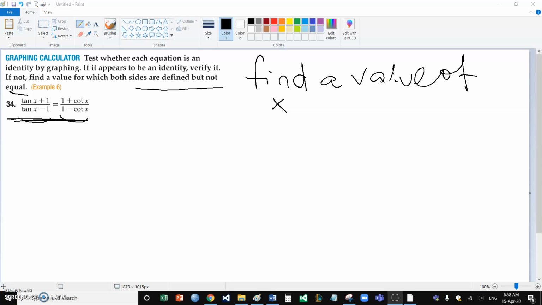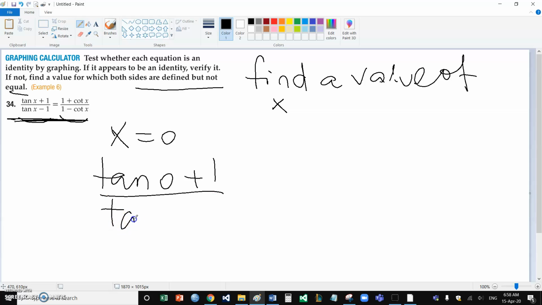So now let's check a value for x. Let's say x equals 0. For the left side, tan 0 plus 1 over tan 0 minus 1. Tan 0 is 0, so it's 1 over minus 1, which equals minus 1.